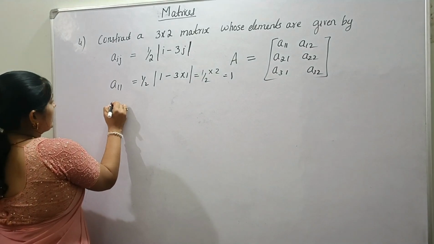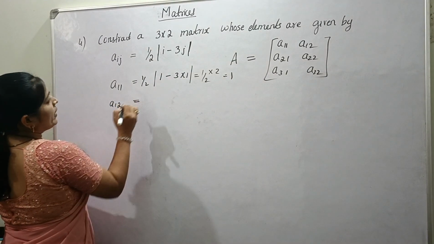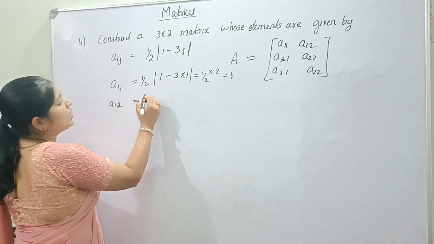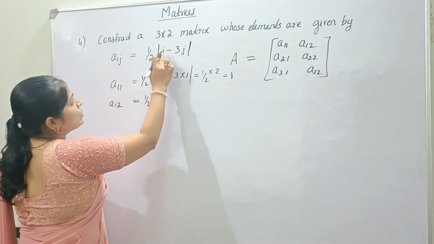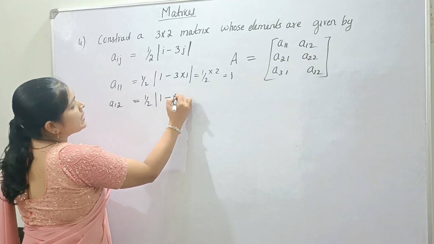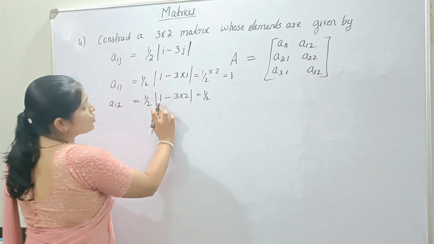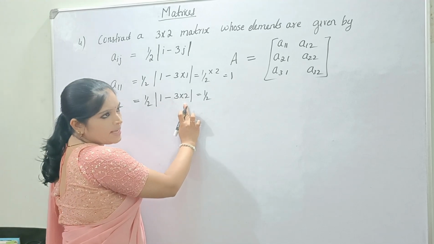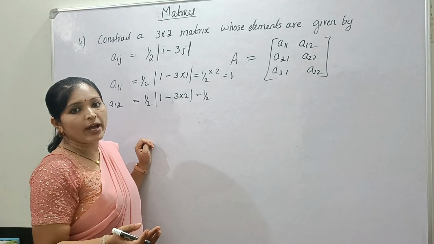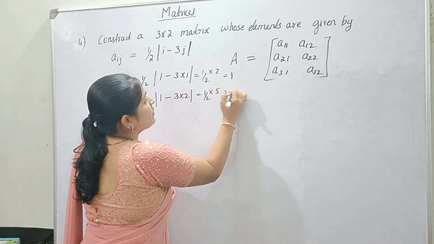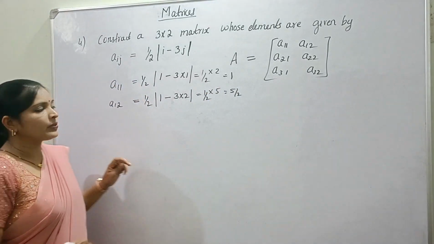Then A12: here i is equal to 1, j is equal to 2, so 1 by 2 into modulus of 1 minus 3 into 2, that is 1 by 2 into modulus 1 minus 6, that is minus 5, modulus of minus 5 is 5, so it is 5 by 2.